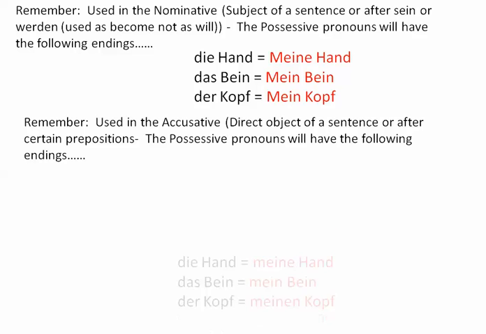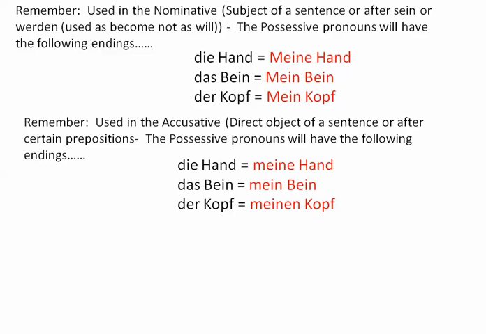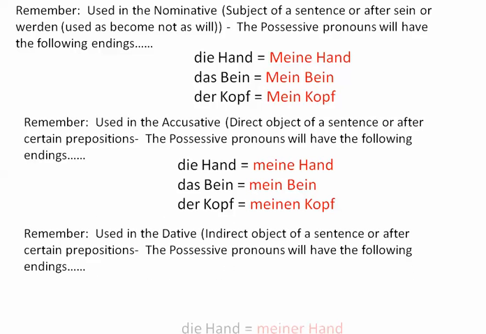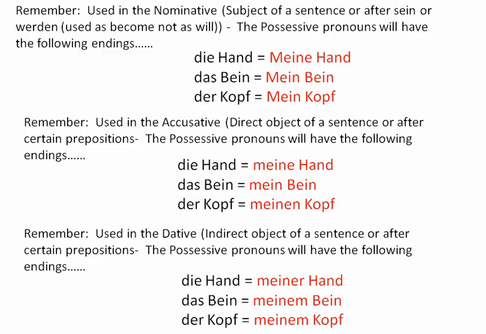When used in the accusative, the masculine nouns will change to meinen, and die words or feminine nouns will be meine, and neuter words or das words will be mein. Finally, when used in the dative, the die words will change. The possessive pronoun will have an er on it for die words, so it'd be meiner Hand, mit meinem Bein, oder mit meinem Kopf. Okay.